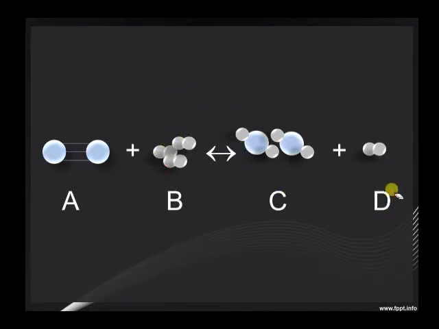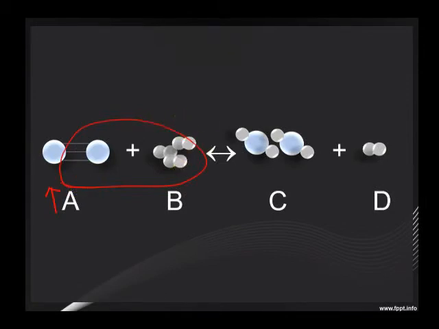And it's going to keep going back and forth until a new equilibrium is reached where the concentrations are at equilibrium. Because we added more on this side, remember we added A, naturally the reaction is going to balance itself out.